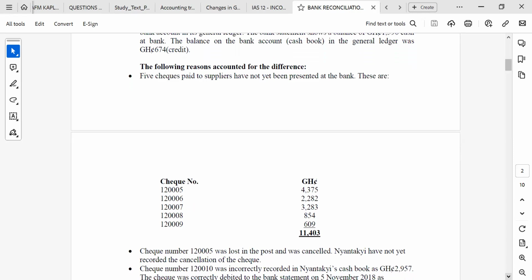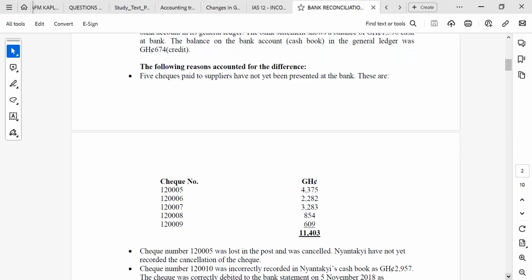So take the following information now. The following reasons accounted for the difference. 5 checks paid to suppliers have not yet been presented at the bank.